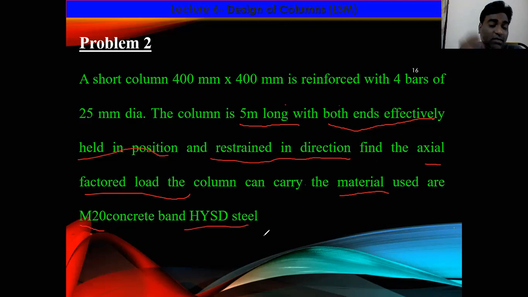So this is the data which we have available. So for this data, what is the load carrying capacity of the square column? That is 400 by 400. And remember here, I have given the total length of the column and end conditions also. That means both ends effectively held in position and restrained in direction.